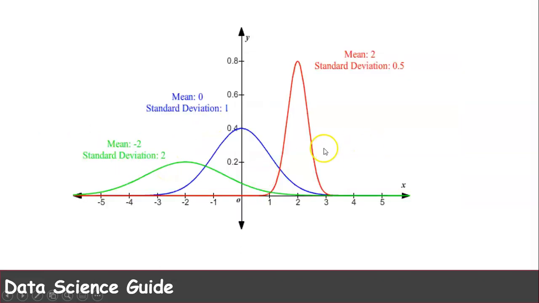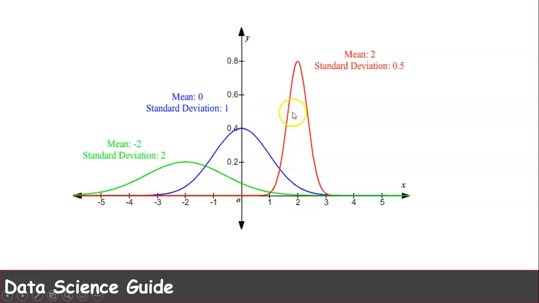And here we have several scenarios when the mean and the standard deviation are different. For example, the one in the middle with the blue curve, you have mean 0 and standard deviation 1. So this is the perfect normal distribution. And in the red curve, you'll see the mean equals 2. So the curve shifted to the right because the mean is 2.